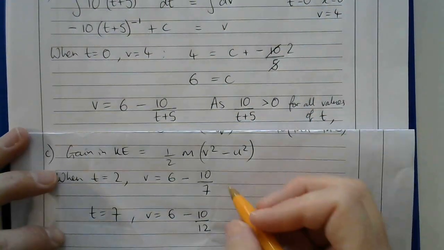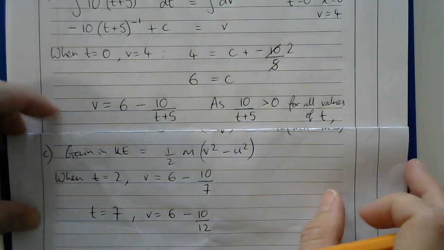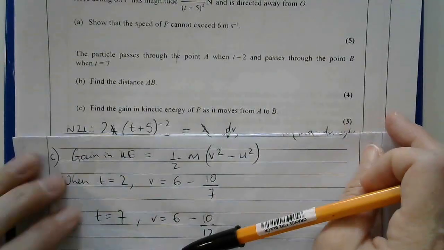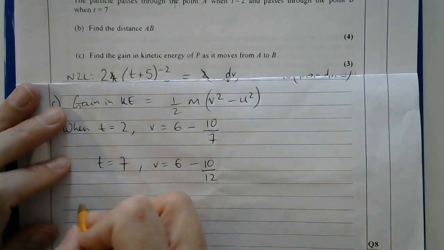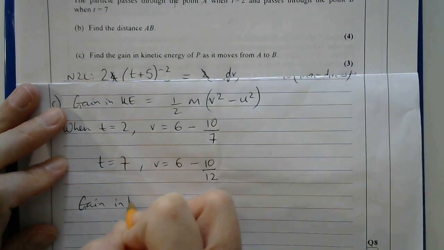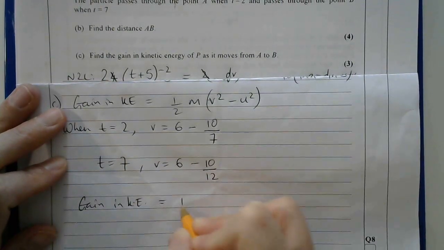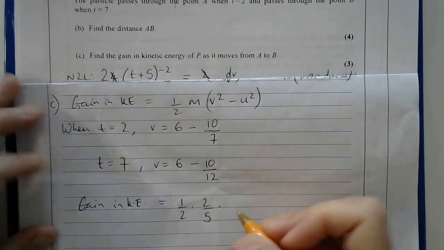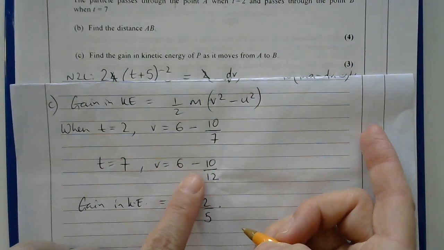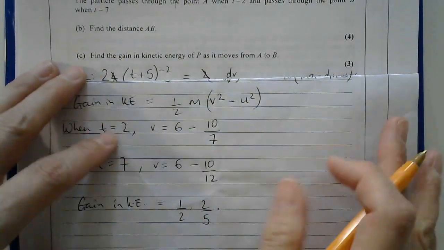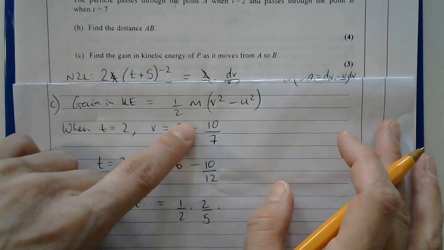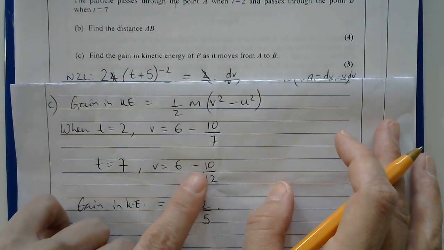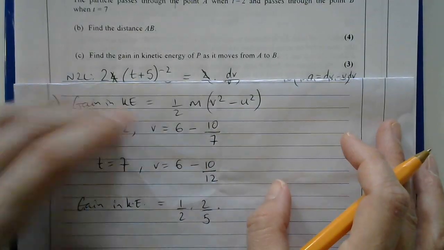So therefore the gain in kinetic energy will be a half times the mass was 2/5, times by this squared minus this squared, no sorry, the gain in kinetic energy, yep, so the final one squared minus the initial one squared.